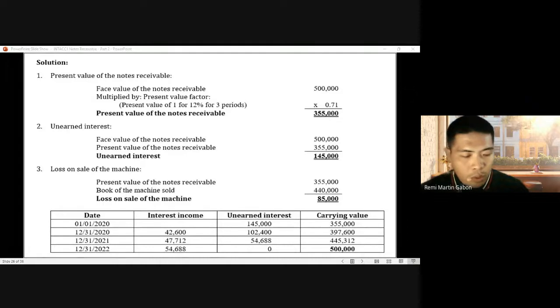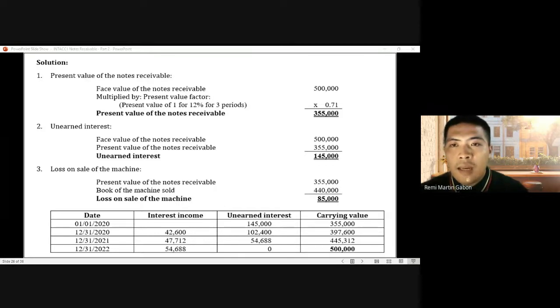Or kung gusto mo, you can have it 500,000 minus 54,688. Lalabas pa rin si 445,312. Now, to that point, I suggest ulit to stop the process since our goal is to realize or to settle the entire 500,000.